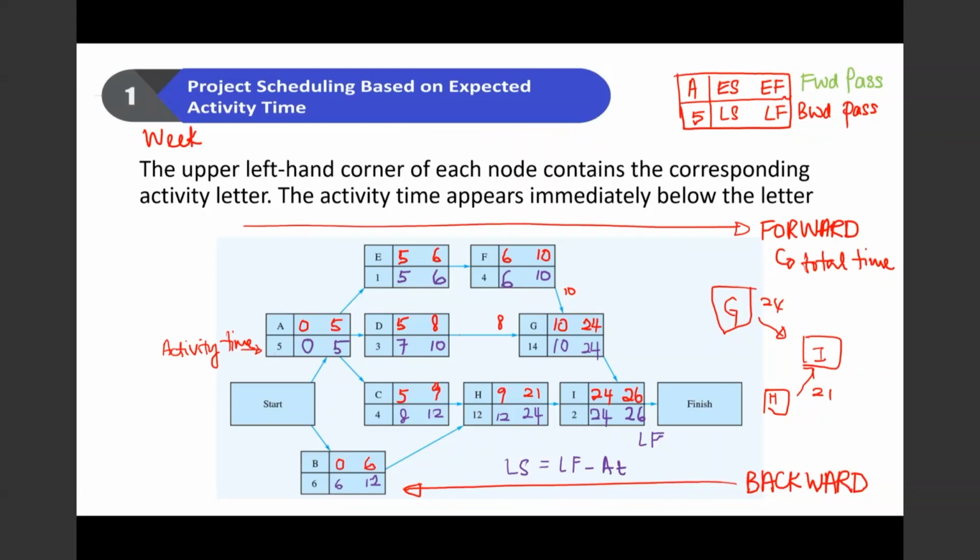Okay, so now we have the forward pass and the backward pass. So we can identify now the early start, early finish, late start, and late finish of all the activities within our network. In order to identify the critical activities and the critical path, we then need to calculate what we call slack.